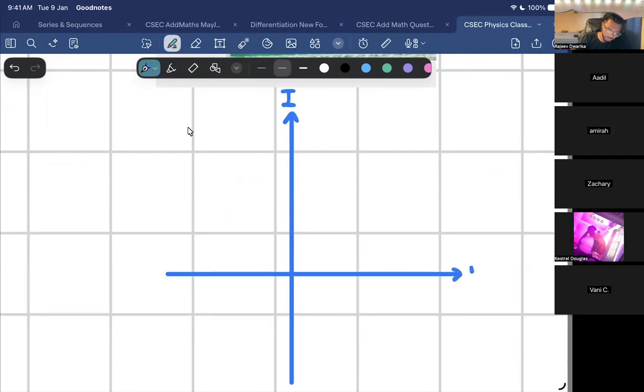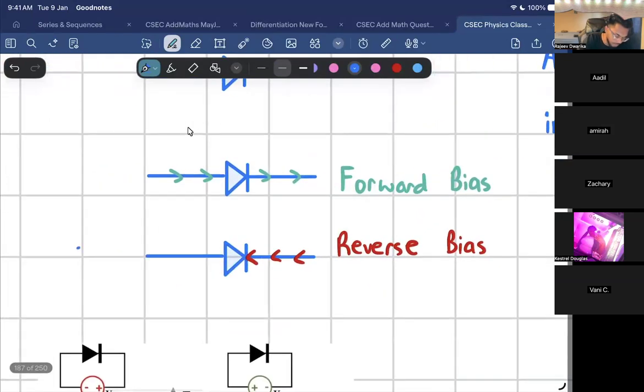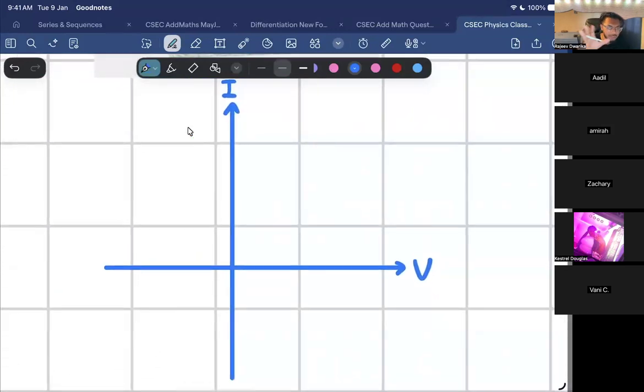When the voltage is quote unquote negative, do you think it'll conduct? No, sir. I want you to think of this as negative voltage, minus V, and this as positive V. Guys, is it conducting when the voltage is negative? No, sir. So if it's not conducting, what will the current be?